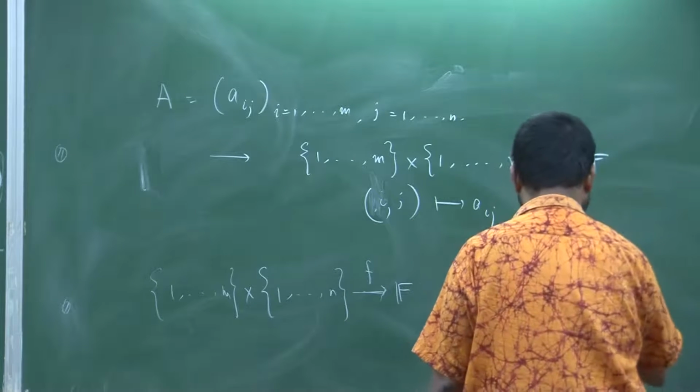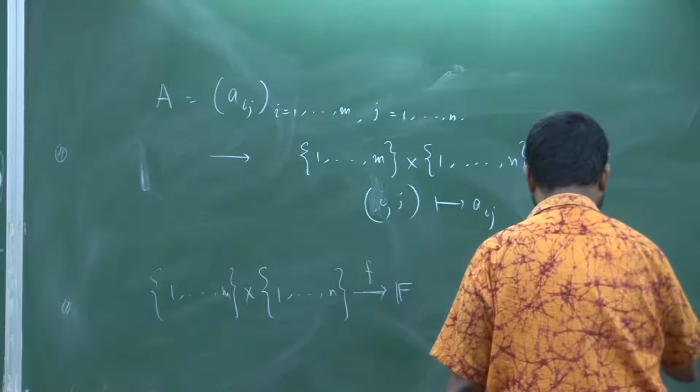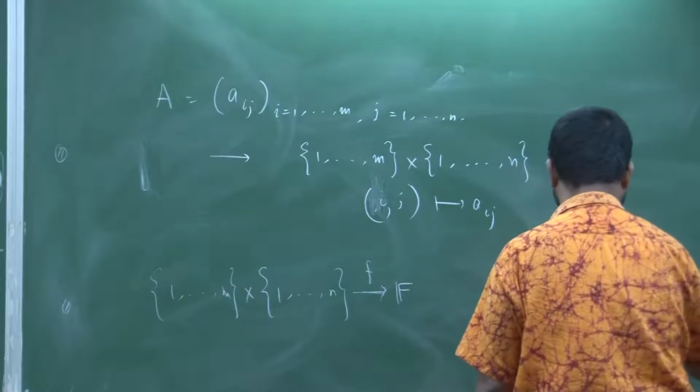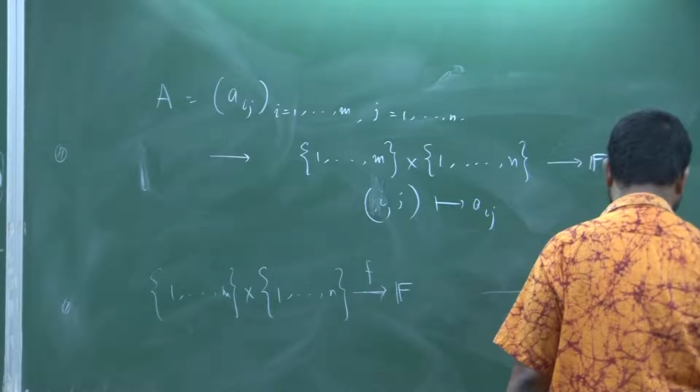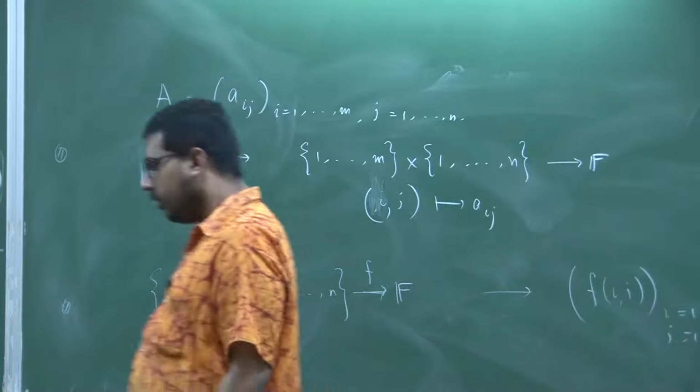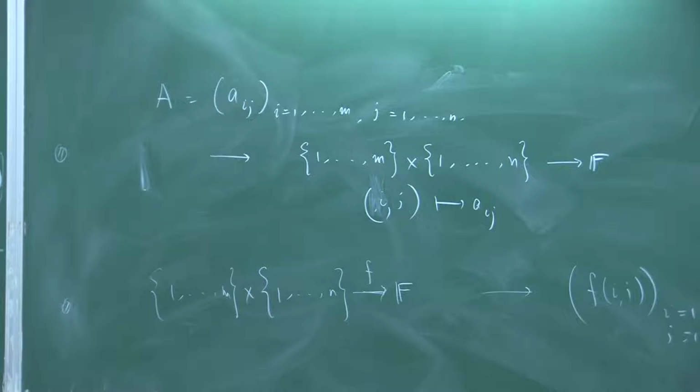How is that matrix constructed? The ij-th entry of the matrix will be f of (i, j). So, from a map I can construct a matrix, and from a matrix I can construct a map.